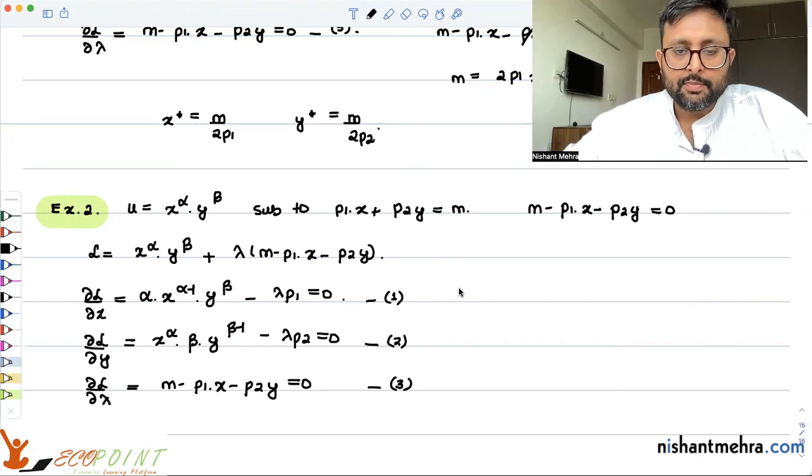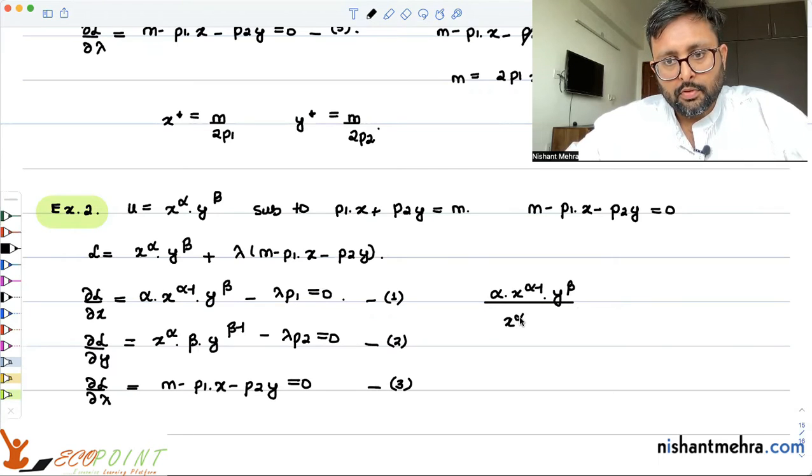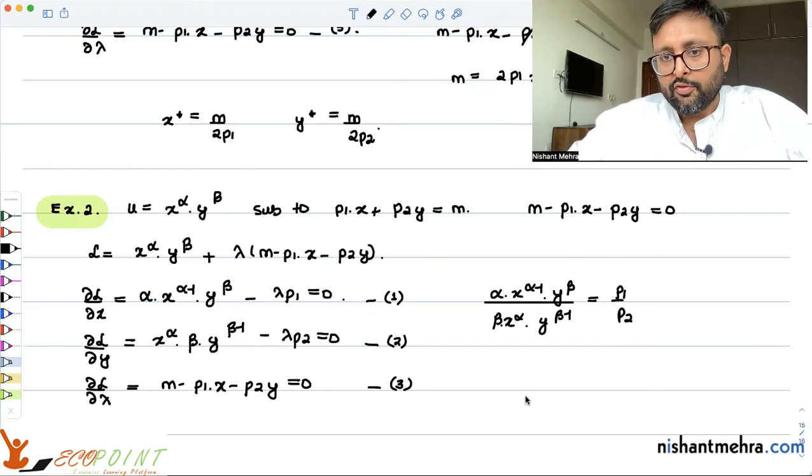And beta, divide first by second. So you have what? Alpha X to the power alpha minus 1 Y to the power beta upon X to the power alpha, you have beta Y to the power beta minus 1, P1 by P2.